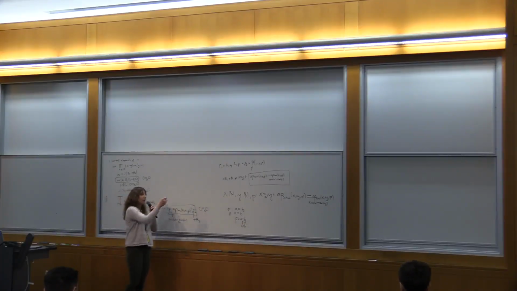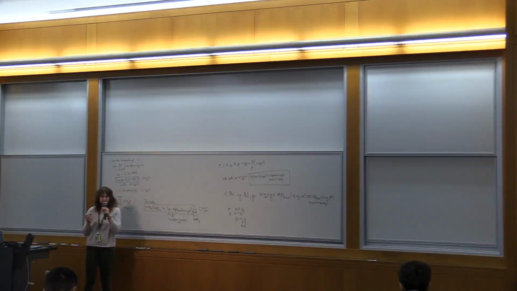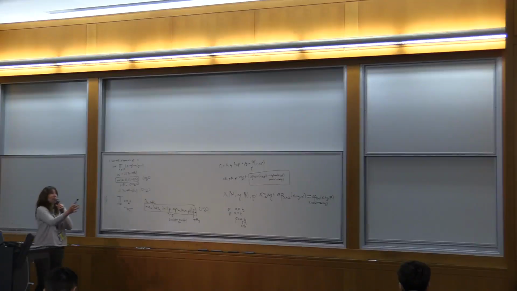So this is like another level. I'm saying that two paths in the identity type, two proofs of this equality, are also equal. Yes. Nothing is stopping me from doing this.